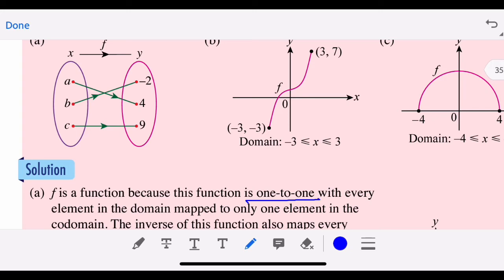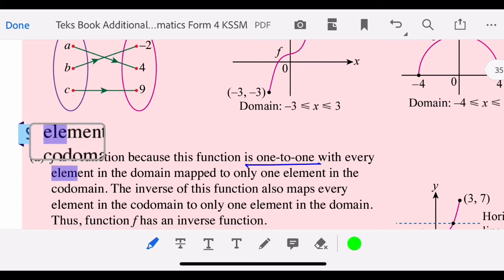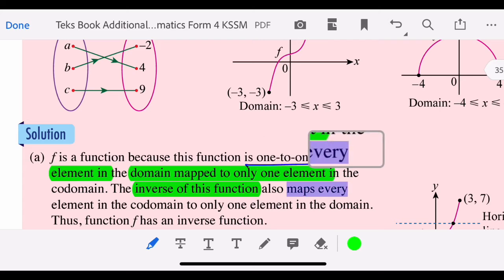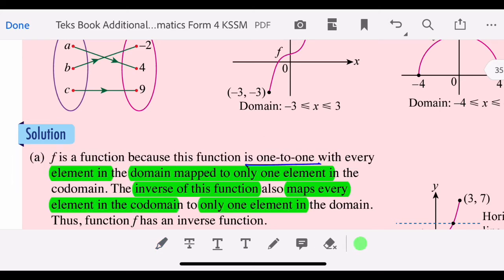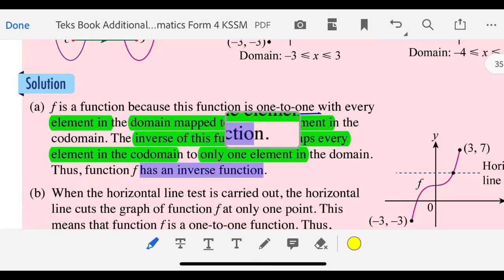So it is a one-to-one function, with every element in the domain mapped to only one image element in the codomain. So the inverse of this function also maps every element in the codomain to only one element in the domain. So the function has an inverse function, right?